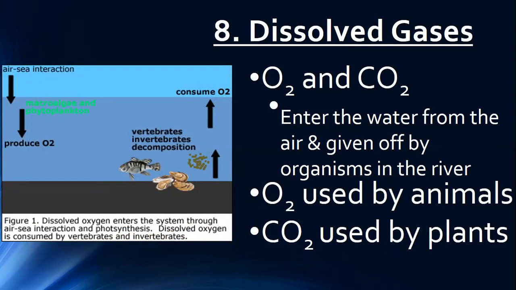Dissolved gases. These are extremely important. Having an appropriate amount of carbon dioxide and oxygen is really important because obviously animals breathe them and plants breathe them. So hopefully you remember the carbon dioxide cycle, where the plants take in the carbon dioxide and give out oxygen. This is what's contributing to having a healthy amount of dissolved gases in a moving body of water.